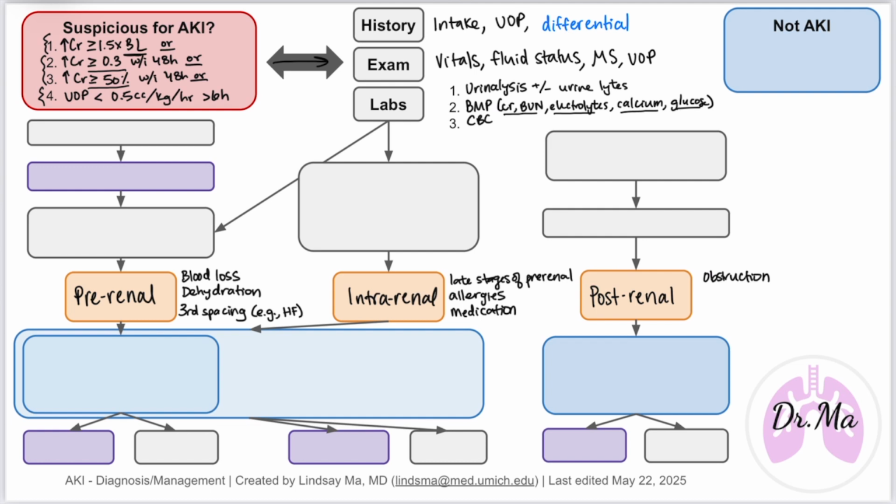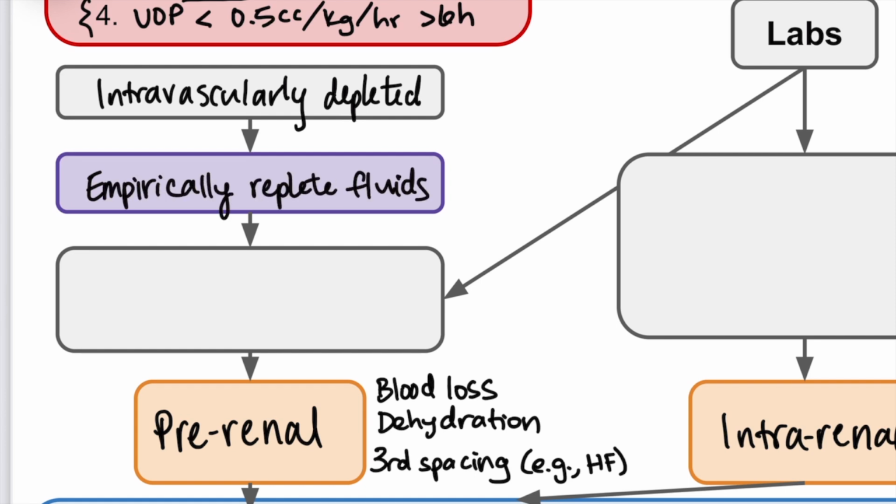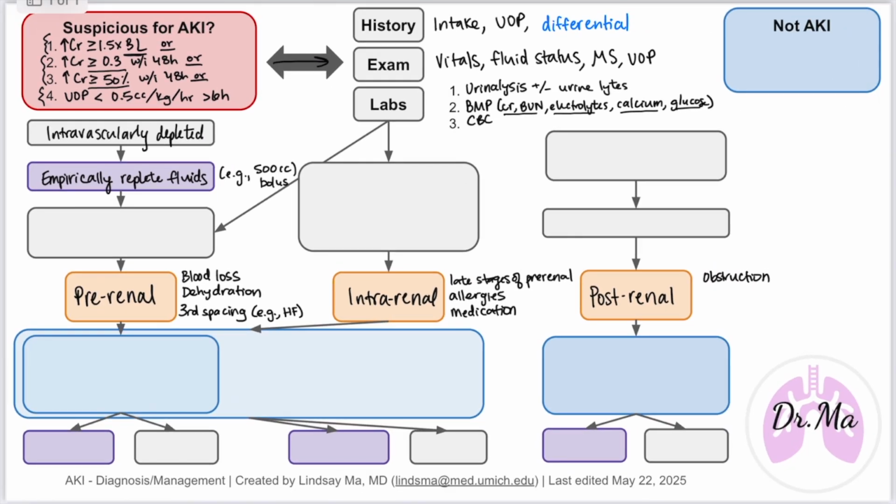There is one thing we can provide the patients. If they look intravascularly depleted on exam, we can empirically try a 500 cc bolus of fluids. This is because prerenal AKIs are treated with fluid replacement, and prerenal AKI makes up about 20% of AKI cases.